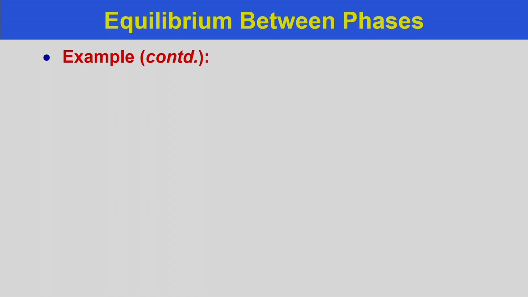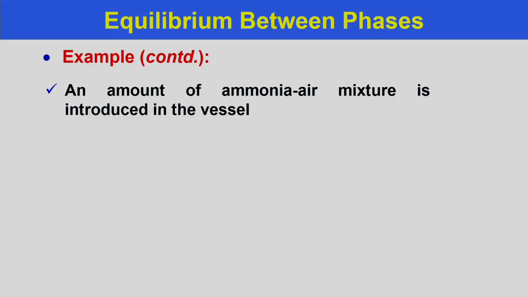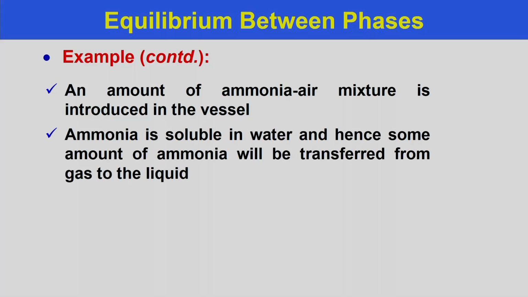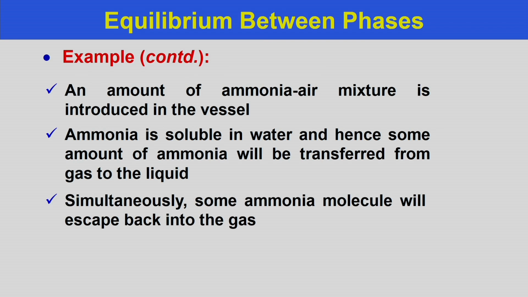So, what happens? The air-ammonia mixture which is introduced into the vessel is soluble in water, and hence some amount of ammonia will be transferred from the gas to the liquid. The ammonia available at the gas-liquid interface will dissolve in the water, and then some amount of ammonia will be transferred from the gas phase to the liquid phase.